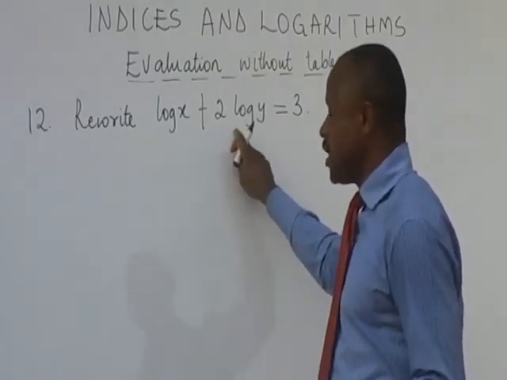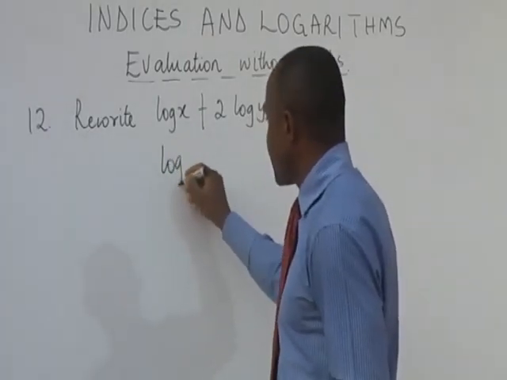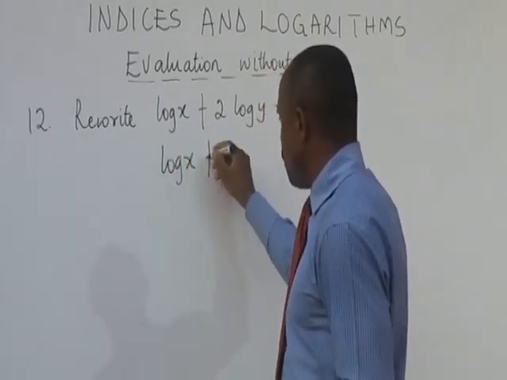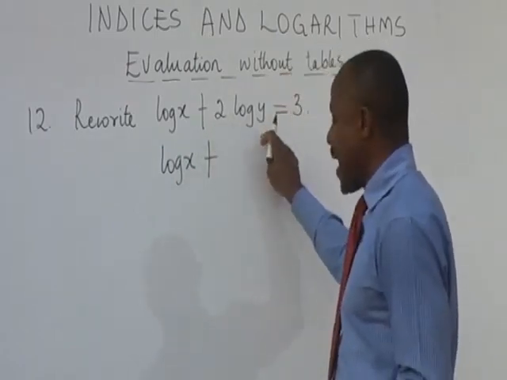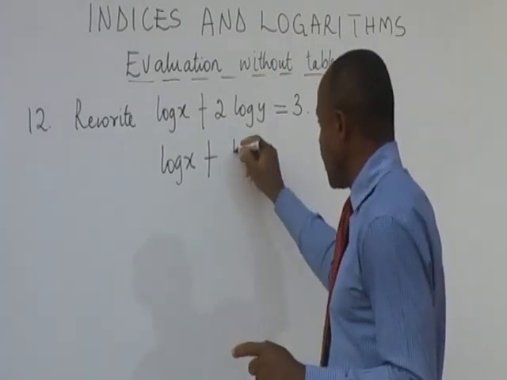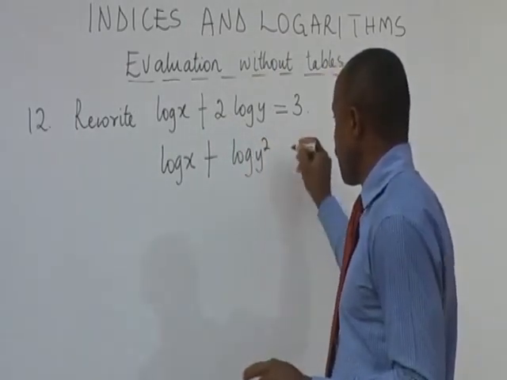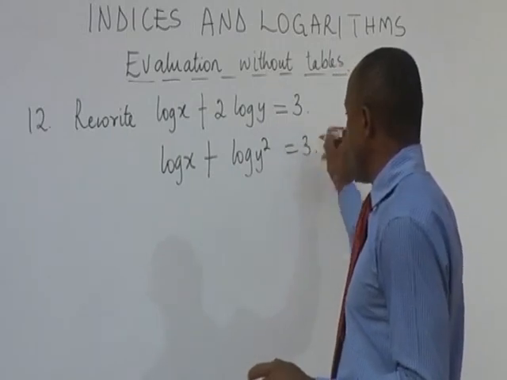Let's first of all change 2 log y. So we're going to have log of x plus 2 log y, which respecting the third law of logarithms means log of y exponent 2. Everything is equal to 3.